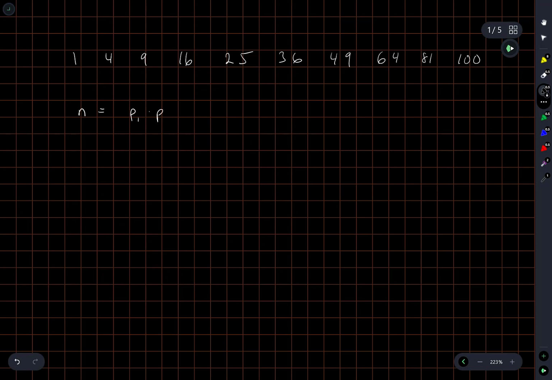P1 times P2 up to PK. If I square this, I get P1 squared times P2 squared all the way up to PK squared. And if I want to pick out the units digit, then what I'm doing here is a mod by 10.